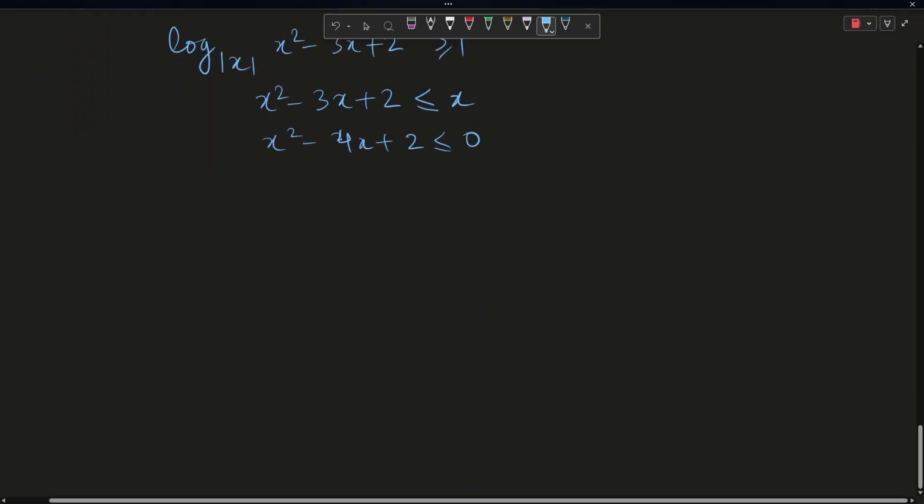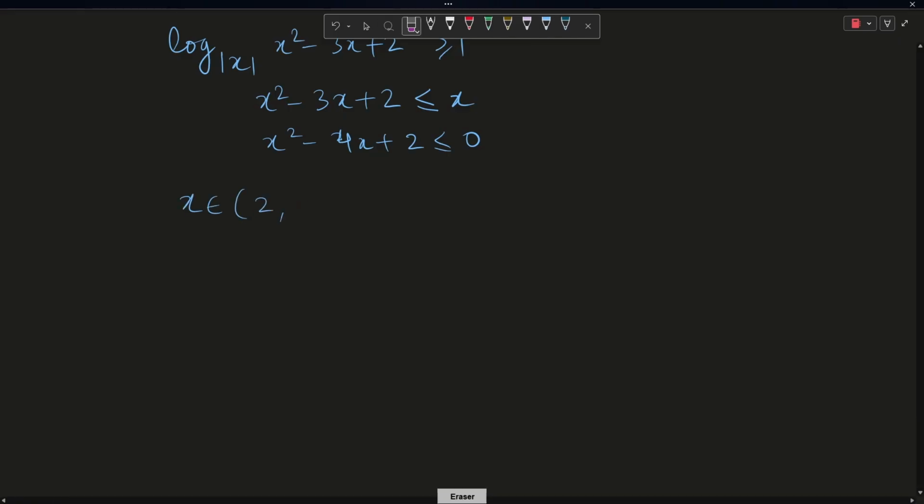We have solved this quadratic earlier, so I can write directly that x belongs to 2 minus root 2 to 2 plus root 2, right?